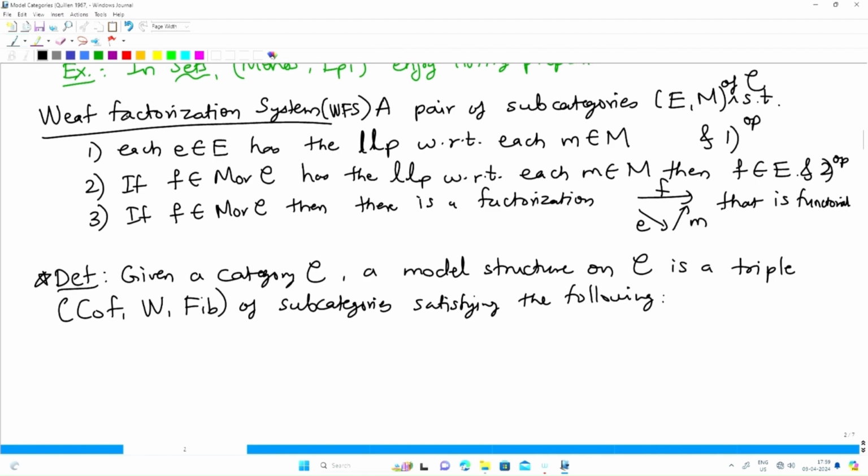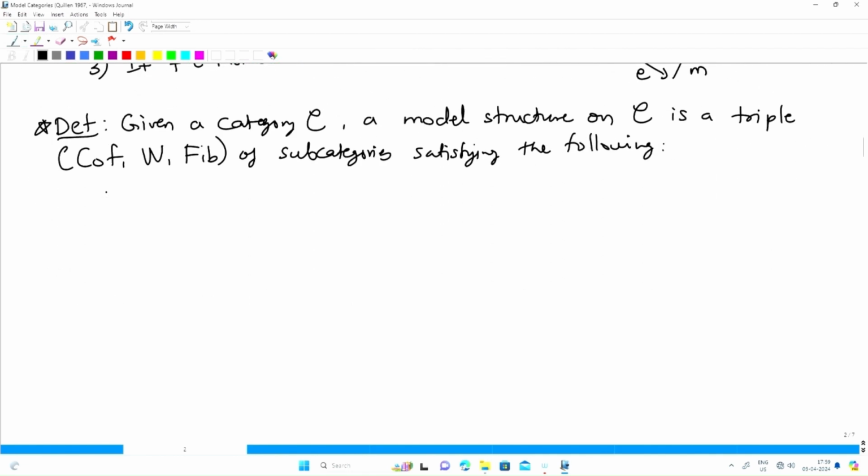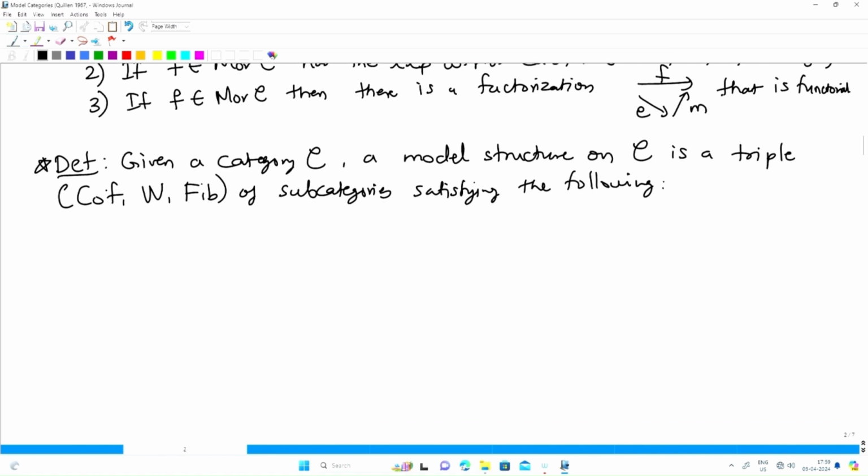I'm writing a long definition here. Some of these axioms can be derived from others, but I will anyway write all of them. Okay, so I'm going to mention lots of axioms, just to be more explicit. You need a lot of data.